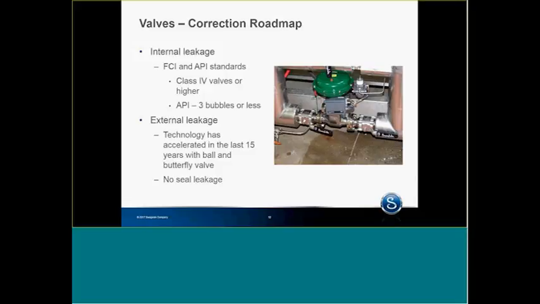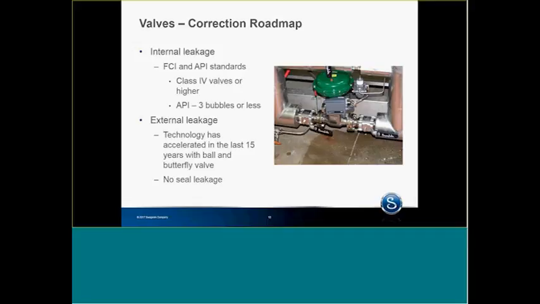If you're going out to, and not so much on the control valves, as you can see in this picture, the green is the control valve, but it's the isolation valves before and after it. If you don't specify the class shutoff, you get class 1, which is what we call a commodity valve. It leaks like a river.